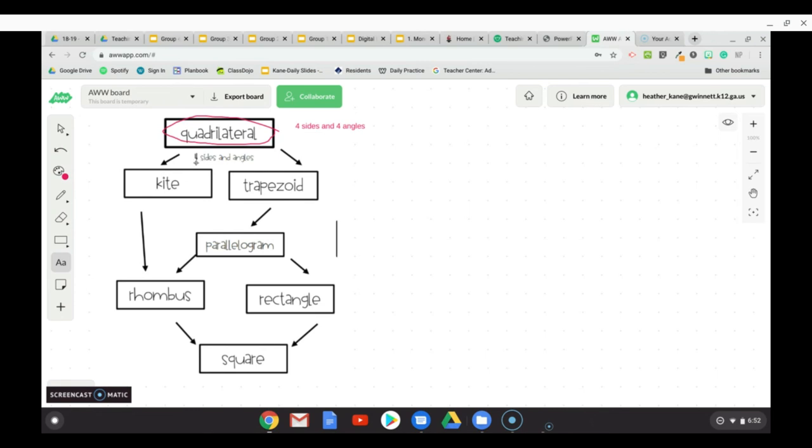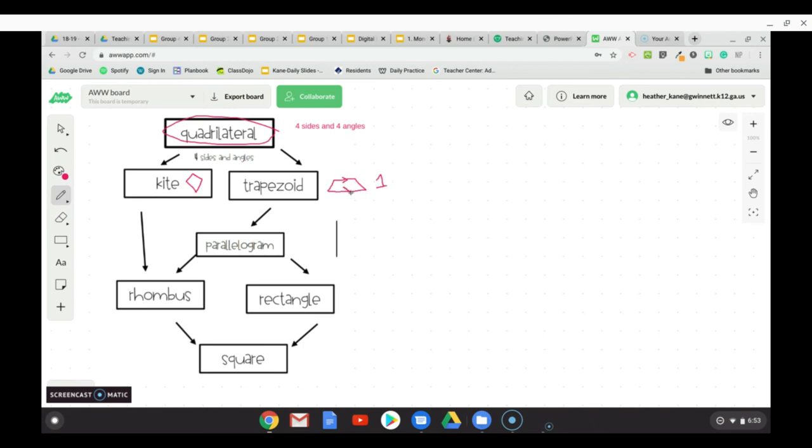So the first 2 ways you can classify a quadrilateral is into either a kite or a trapezoid. So remember, a kite kind of looks like this, just like one you would fly, and it's got those 2 adjacent congruent sides, and then you have a trapezoid. And remember, we use the inclusive definition, which means at least one set of parallel sides.